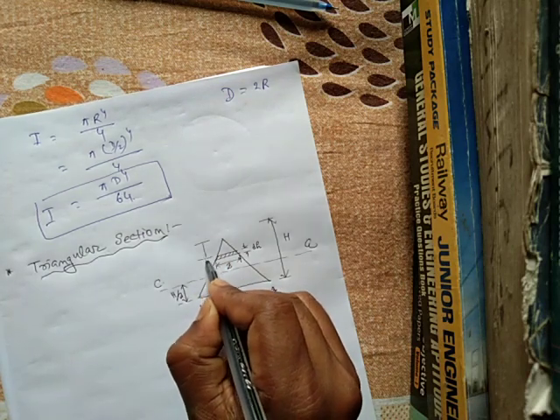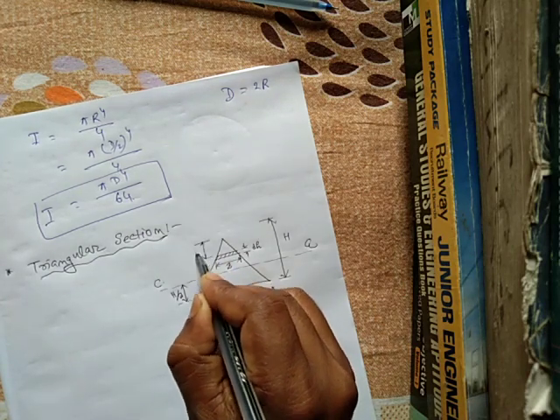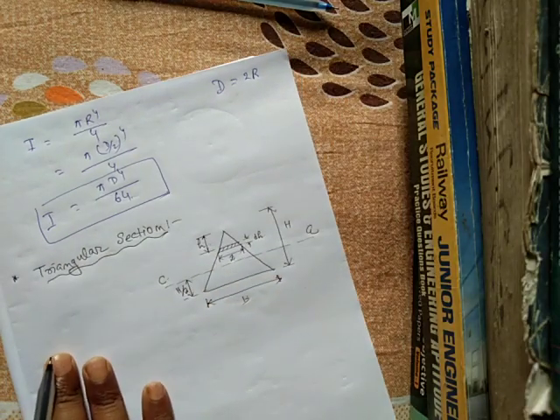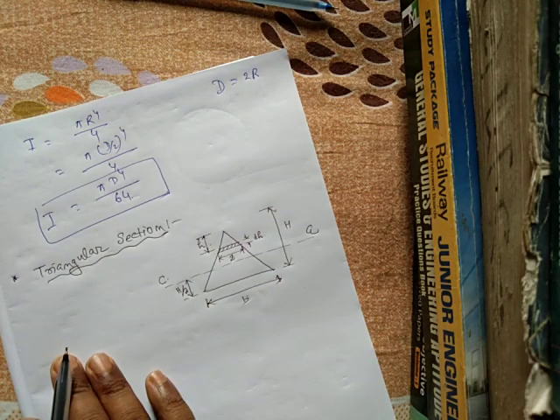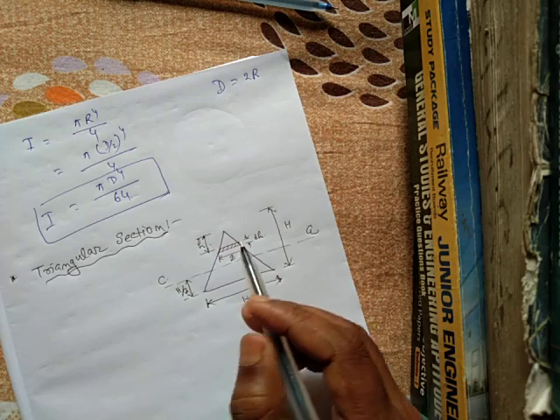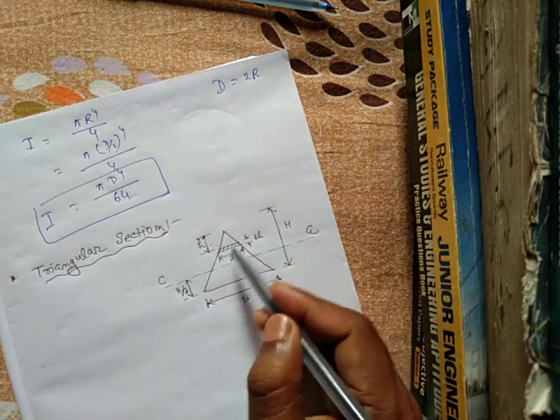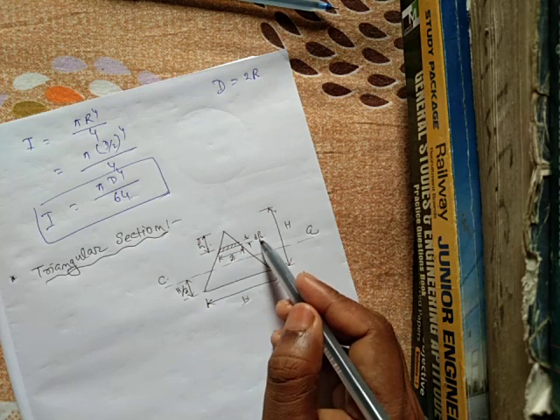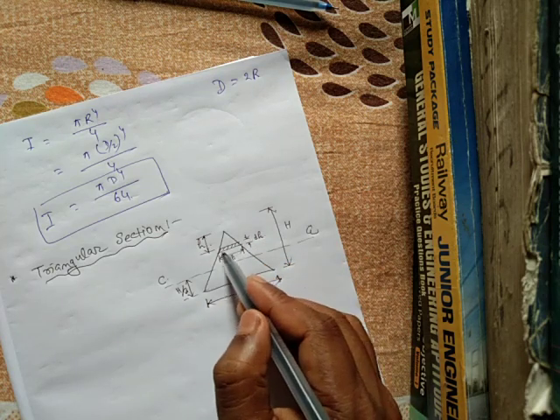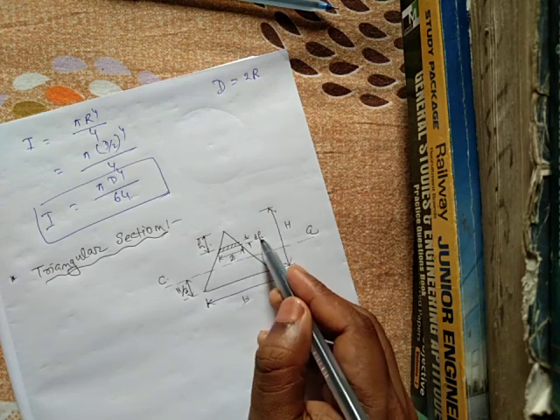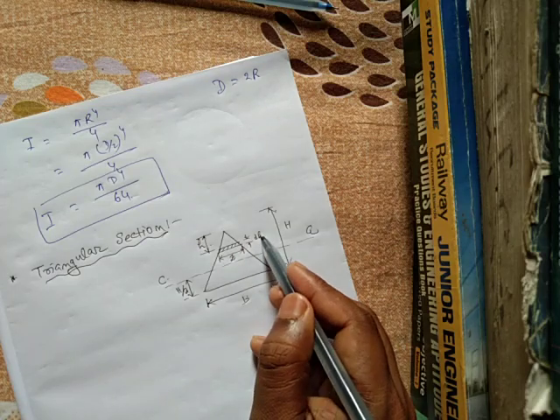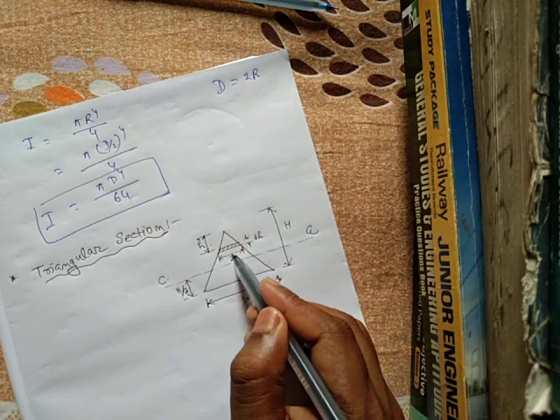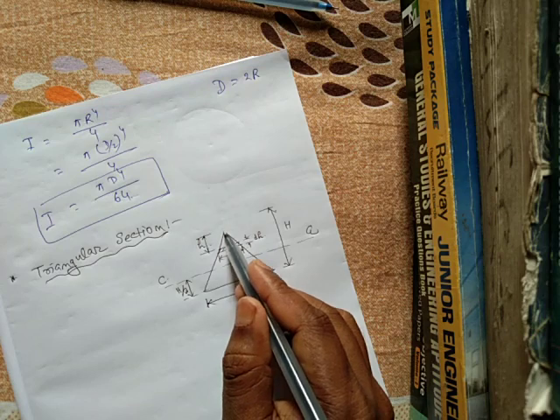Consider the elementary area z into dh, breadth into height, at a distance h from the apex.